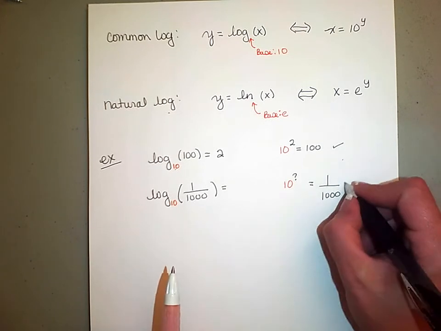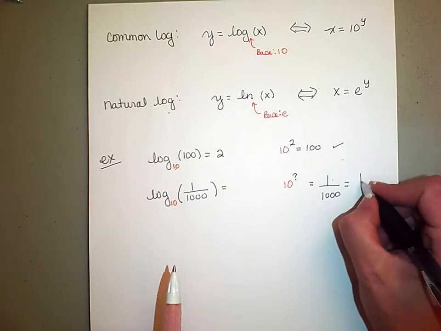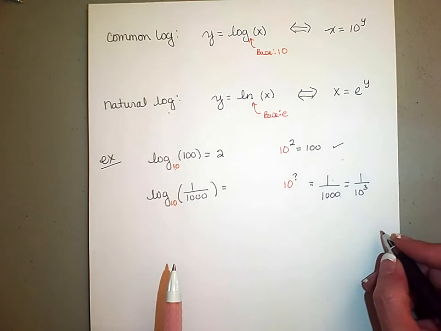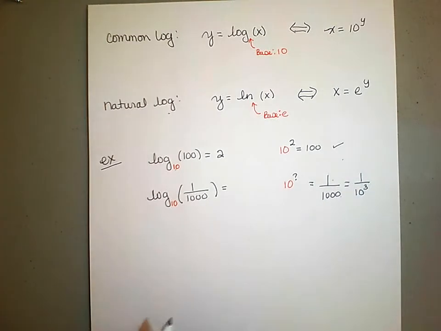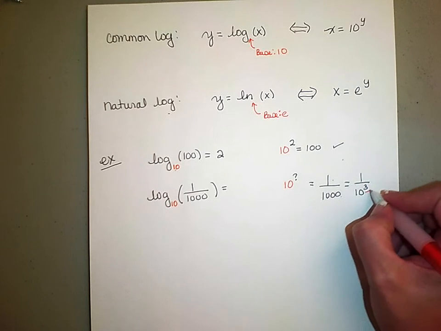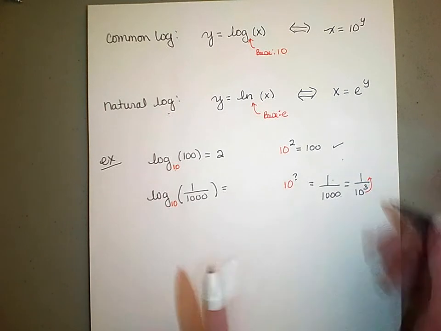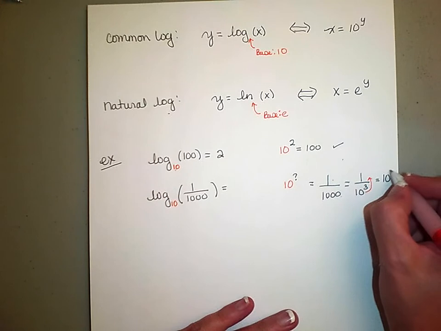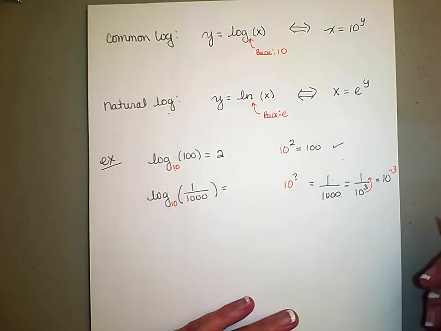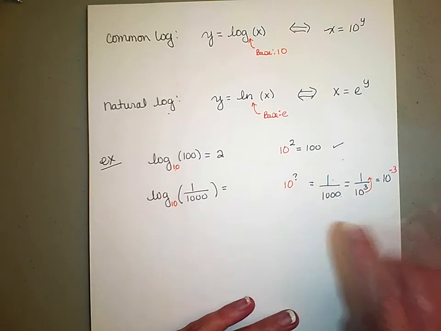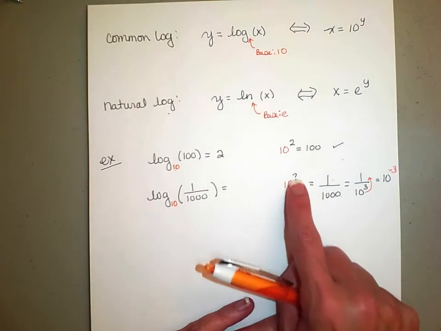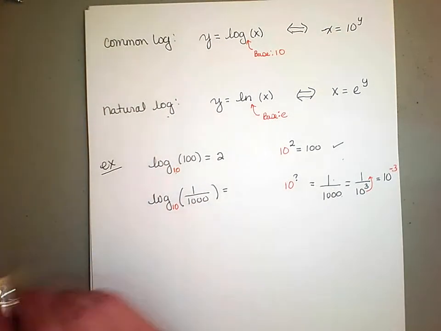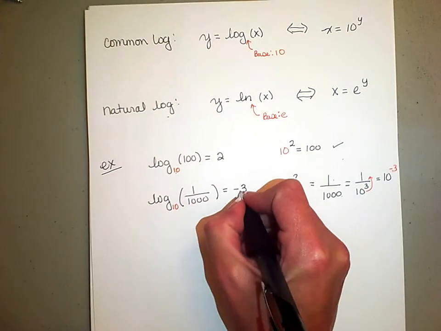Well, okay, let's try and write this in base 10. So this is 1 over 10 cubed. And then using our rules of exponents, I could bring this up and make this 10 now not to the positive 3, but to the negative 3. So 10 to the negative 3 is equal to 1 over 1,000.